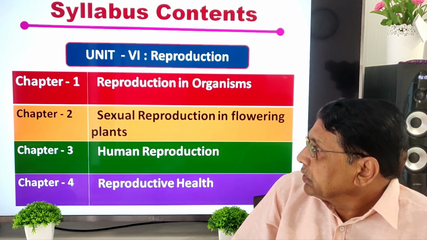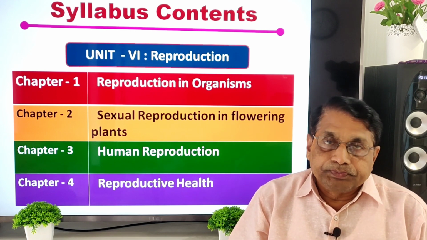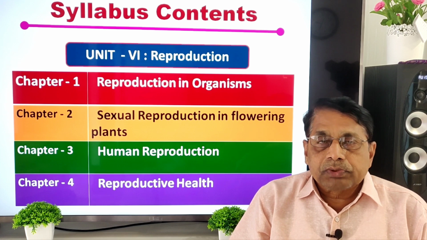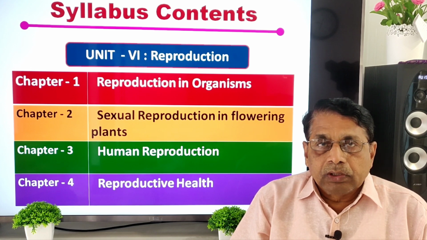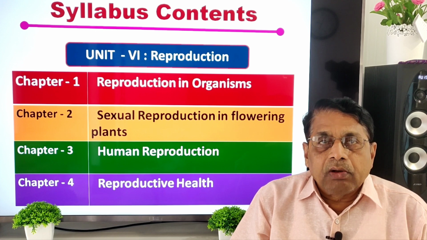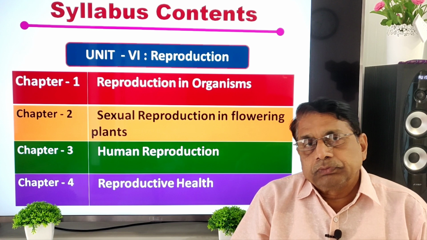Chapter 2 deals with sexual reproduction in flowering plants. Flowering plants means gymnosperms and angiosperms, so we give more importance to the angiosperms. The sex organs are produced in organs called flowers.